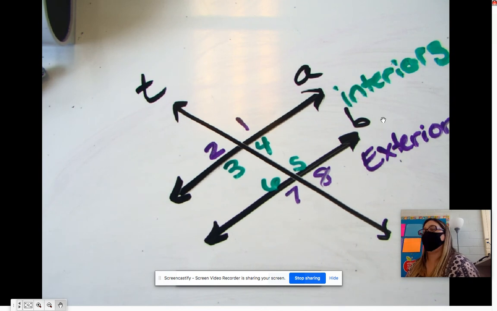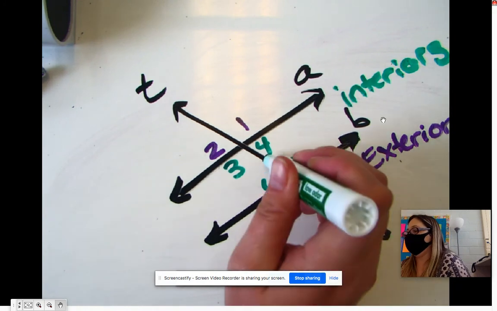Okay, the next definition on your notes page says alternate interior angles. I want to find pairs. All these relationships come in pairs. I want to find pairs where the numbers are interior, but they're alternate from each other, meaning they're across from each other. So remember, adjacent means next to. Alternate means they're going to be on the opposite side of the transversal, but across from each other.